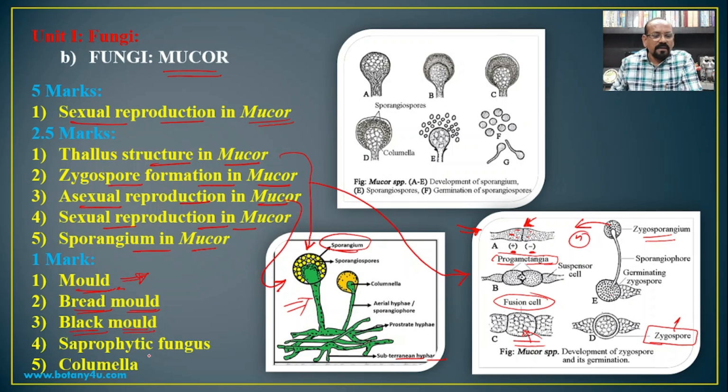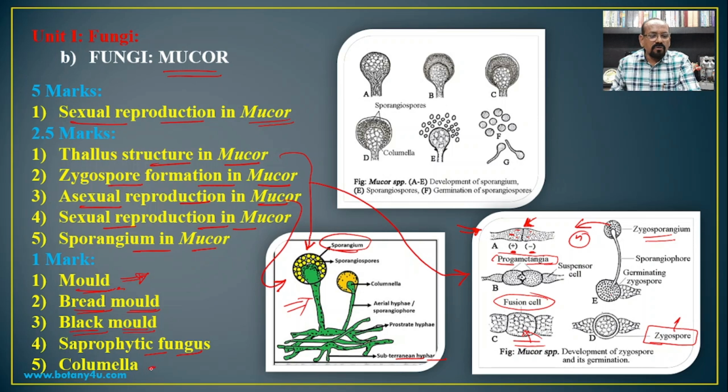Then saprophytic fungi. Earlier we have seen that saprophytic fungi means the fungi which are growing on dead organic matter, and Mucor grows on bread or any other organic matter, and hence it is also a saprophytic fungus.